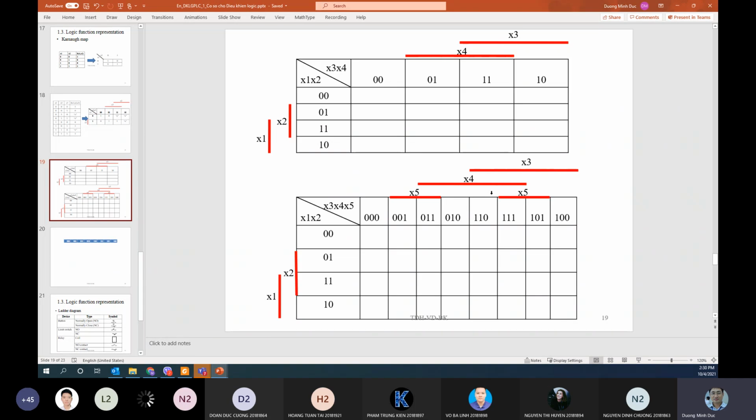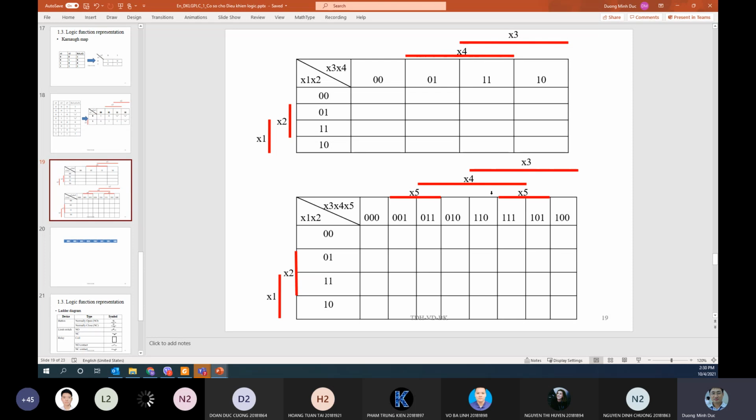The Karnaugh map can be used very easily because it's like in front of us. We can easily see what we should collect, what we should combine, and so on. But it's only convenient up to 5 variables.